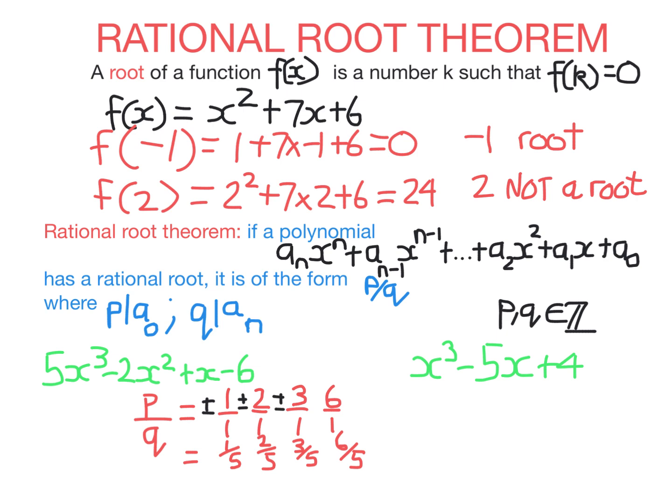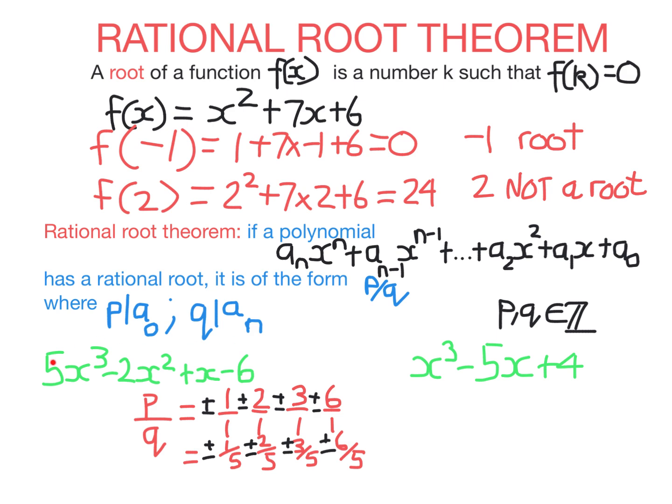So it turns out that if there are rational roots of the polynomial above, it must be one of these. So you can see here that this gives us 8 choices, because each of these could be positive or negative. This gives us 8 choices. There are 16 possibilities for what a rational root could be.